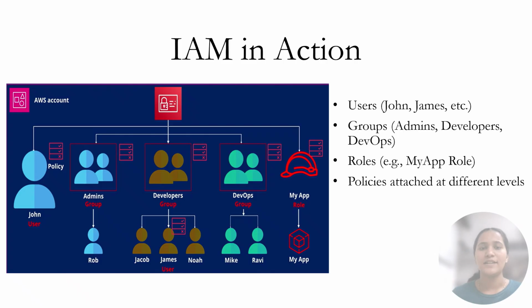However, you can see that for one user, James, a separate policy is attached. You can also see there is an app role which also has a policy attached to it. So, overall, with IAM, you can centralize control over access and permissions, helping to keep your AWS environment secure and running smoothly.